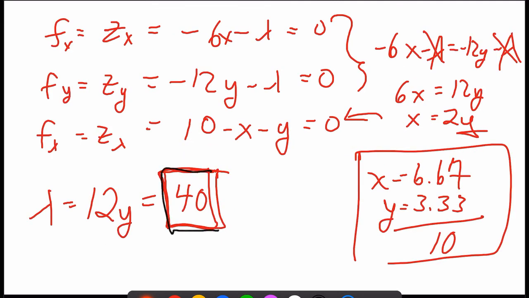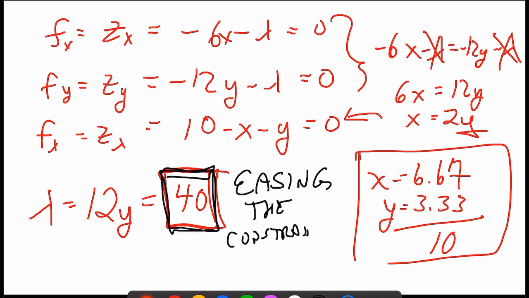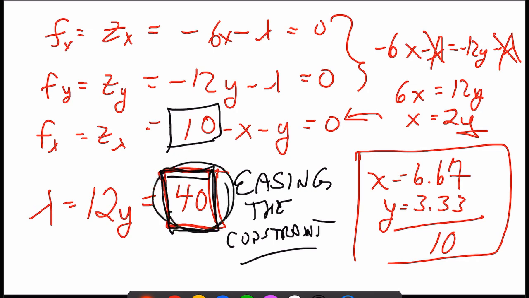Go back to where lambda is. Lambda is the value of easing the constraint. What we mean by that is making this number, in this case, bigger. Most of the time that's what that means. So every time we make that number bigger, the value of this function should change by about 40.